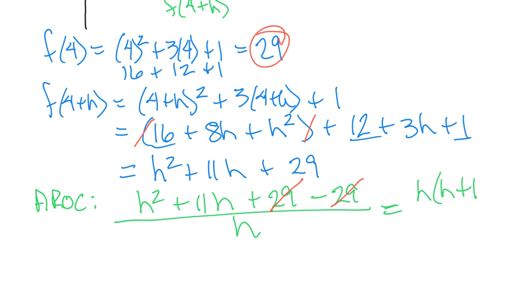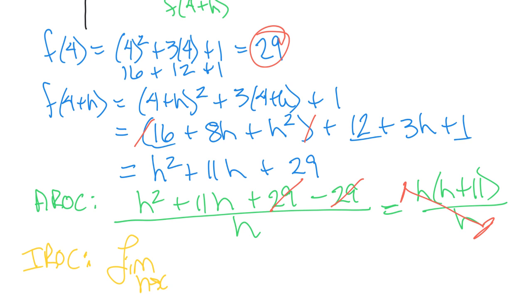We're going to have h plus 11, all over h. And so now I'm ready to find IROC, which will get us the slope of the tangent line. So let's find the limit as h approaches 0 of h plus 11, so 0 plus 11. So my slope is 11.